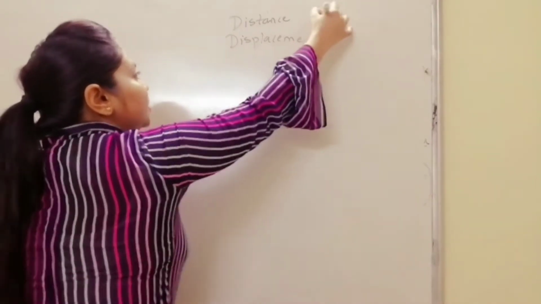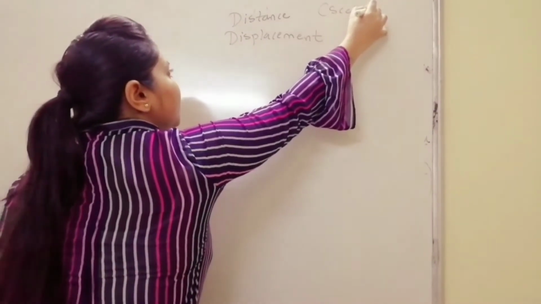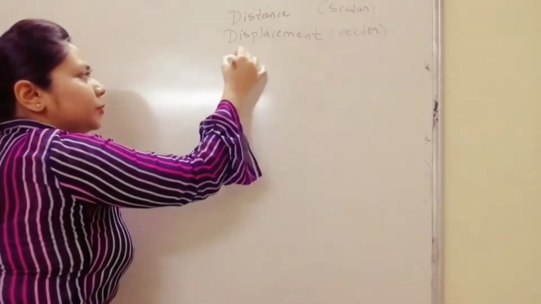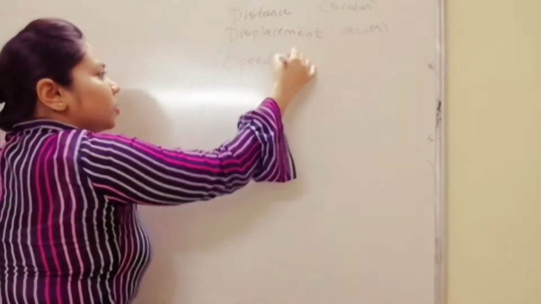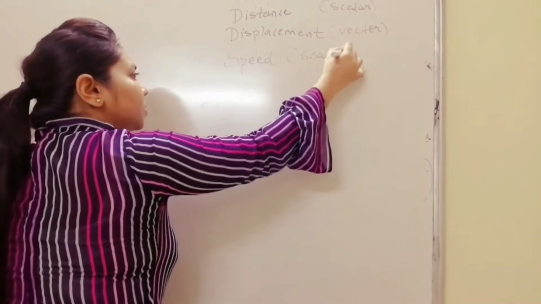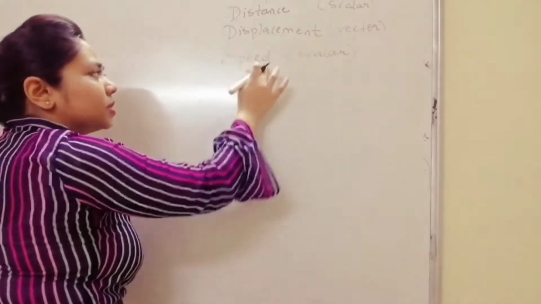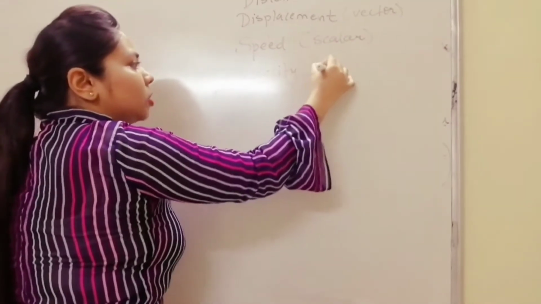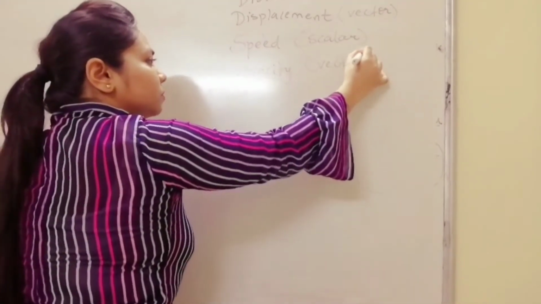Distance is a scalar quantity, displacement is a vector quantity. Then we studied speed. Speed is a scalar quantity again, because we are using distance. Velocity is a vector quantity.